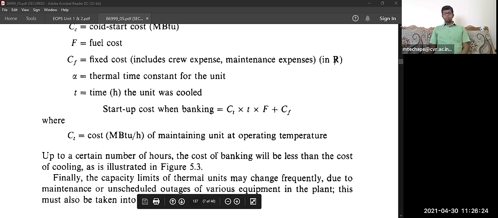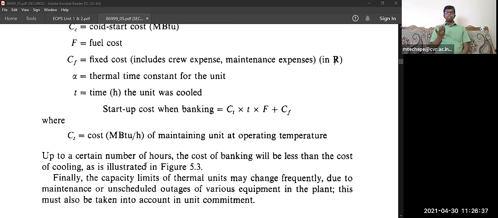For a certain number of hours, the cost of banking will be less than the cost of cooling. Up to 1 hour or 2 hours, some heat will be there. Like if you are heating water for taking a bath on a gas stove, after some time you turn off the stove and keep the vessel there.